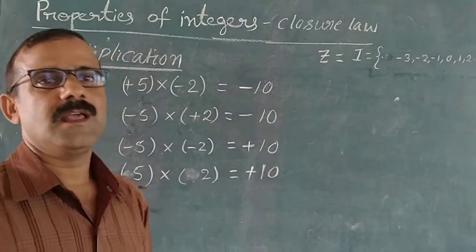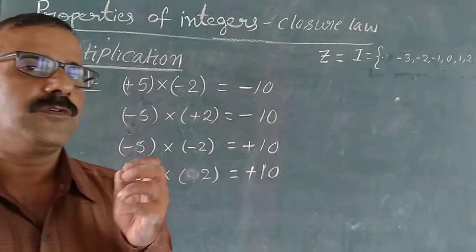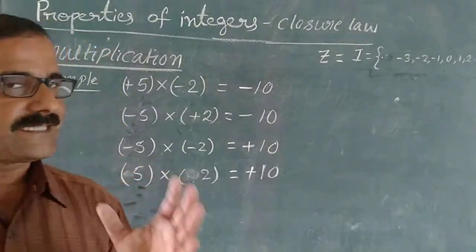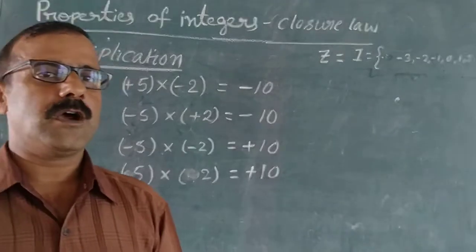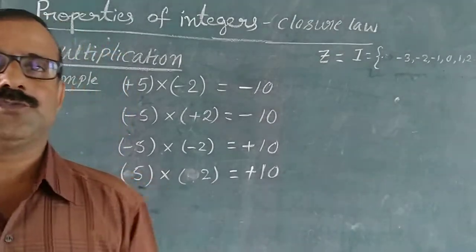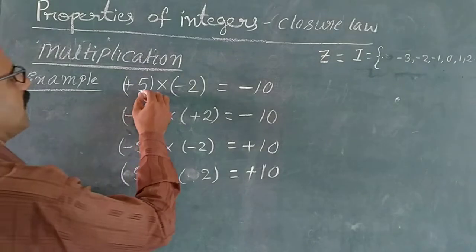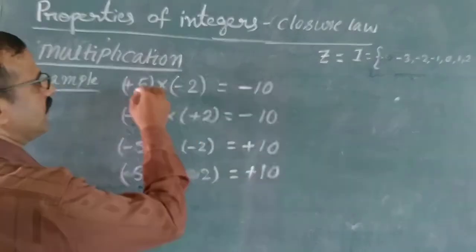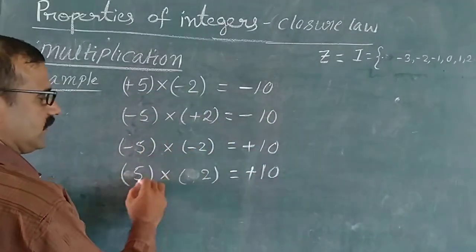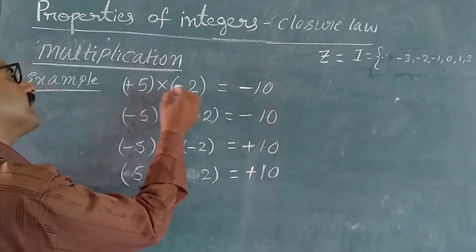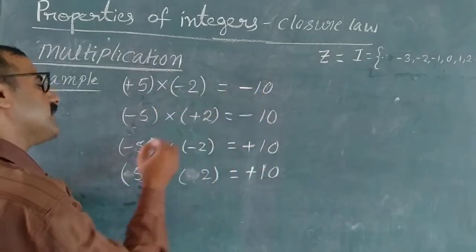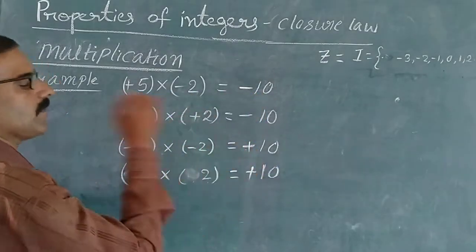So very simple. Multiplication of opposite signs is negative, multiplication of the same sign is positive. Okay, children? See, 5 twos are 10 every time. But here with the opposite sign the result is minus, and here with the same sign the result is plus.